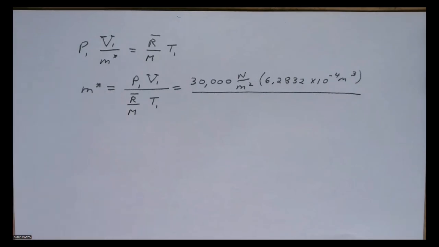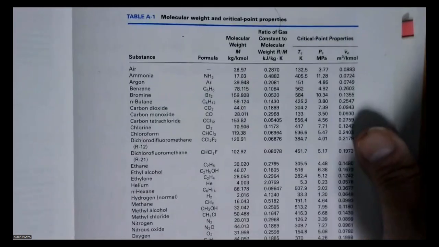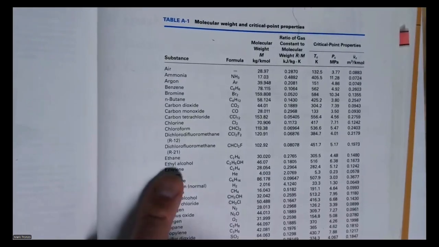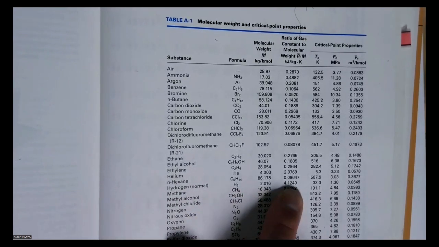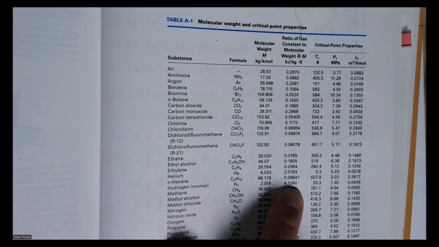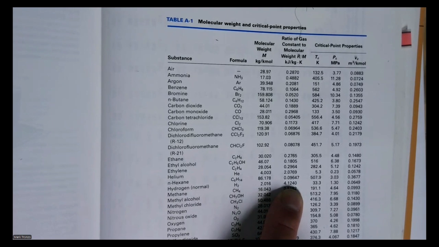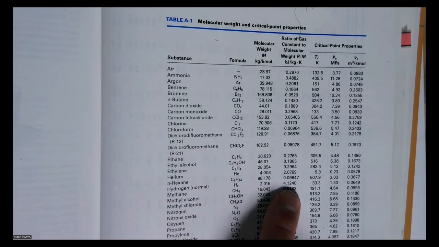And for R over M, I'm using the book by Kaminsky and Jensen. And they have under hydrogen 4.124 kilojoules per kilogram degree K. Now, I'm going to change the kilojoules to joules. So that's going to make us multiply this by 1,000. So it's going to be 4124.